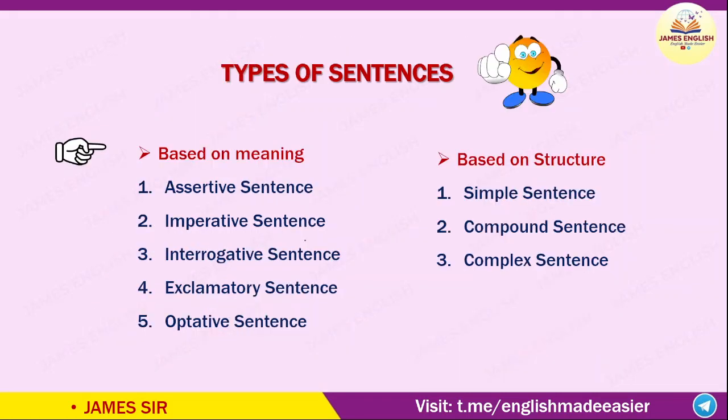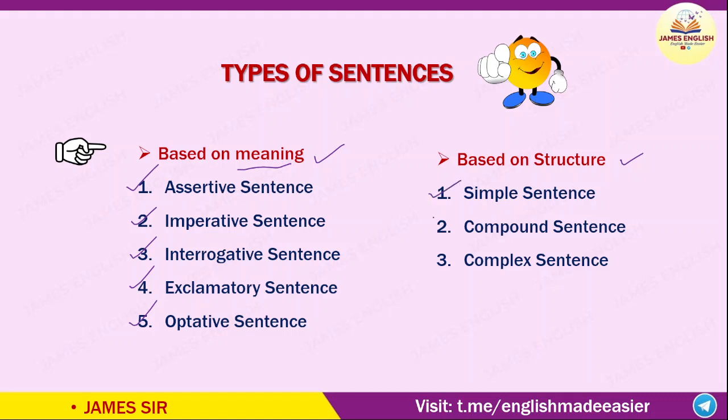Then, types of sentences. There are two types of sentences we can say. They are based on meaning. The other one is based on structure. Based on meaning, we have 5 types of sentences. They are assertive sentence, imperative sentence, interrogative sentence, exclamative sentence, and optative sentence. Then, based on structure, we have just 3 types.